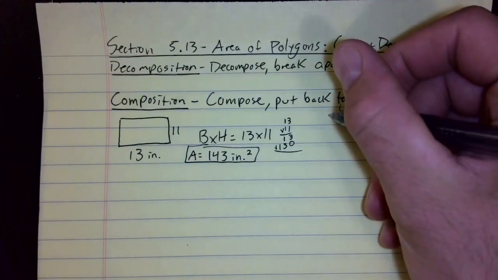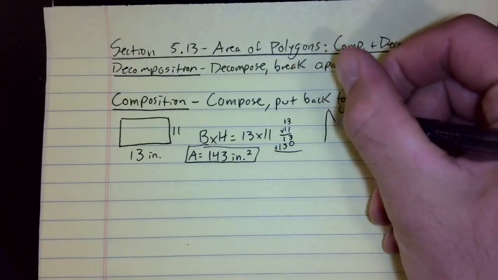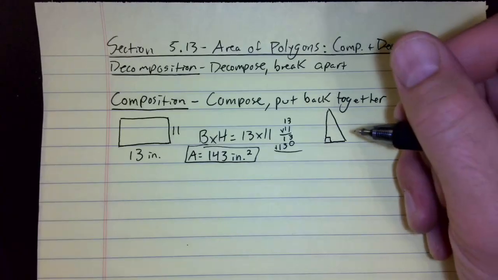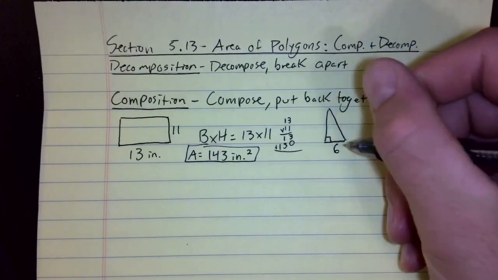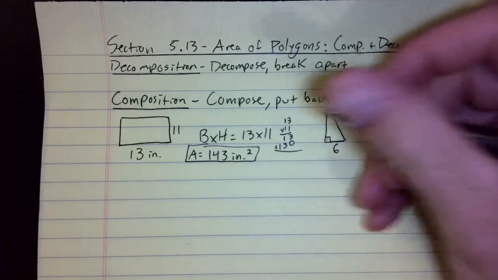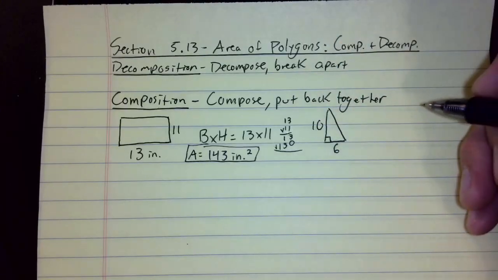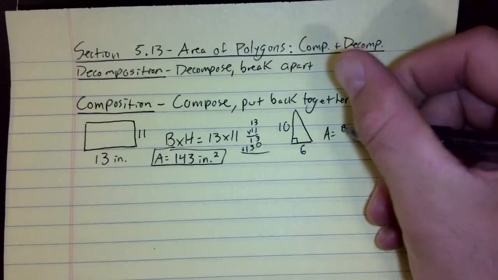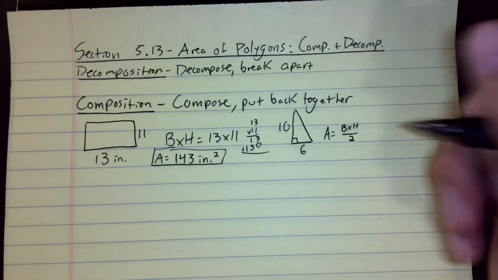Now for a triangle, go ahead and put your right angle sign in there. That's a right angle. Then you put a 6 for the base, and let's say the height's 10. You know that area equals base times height divided by 2.